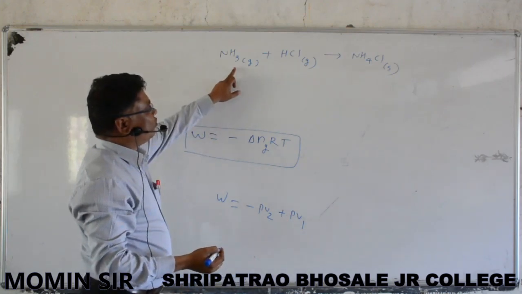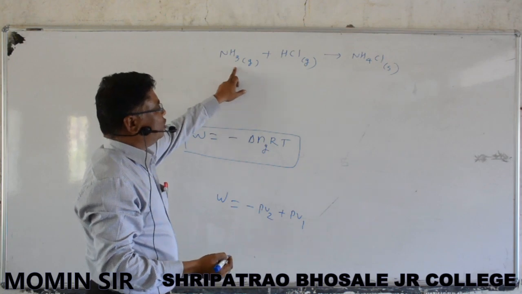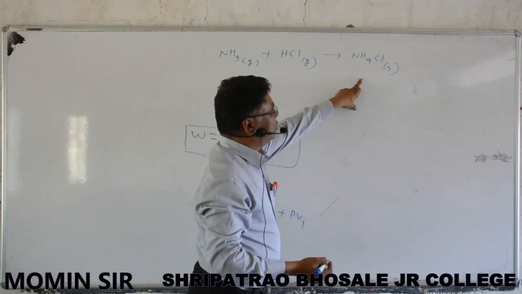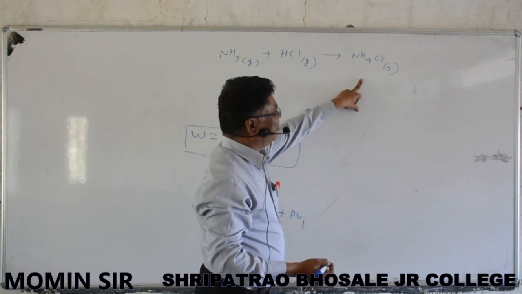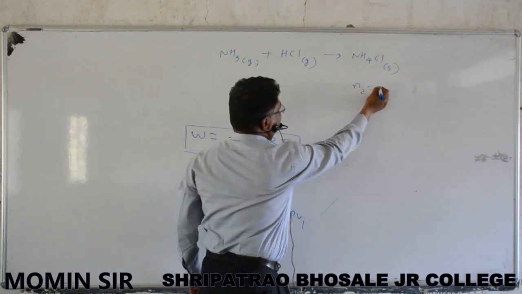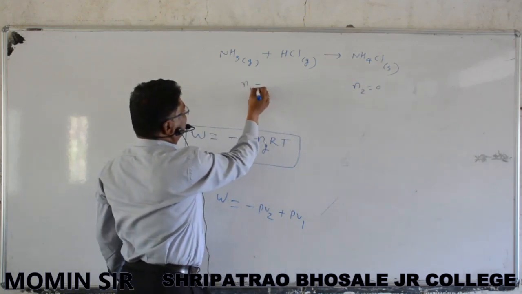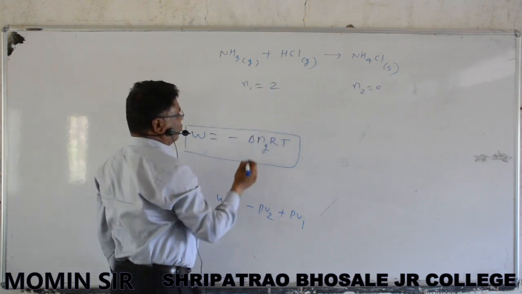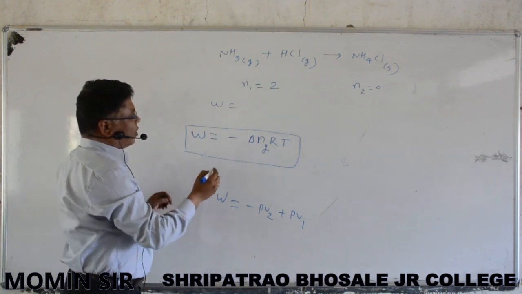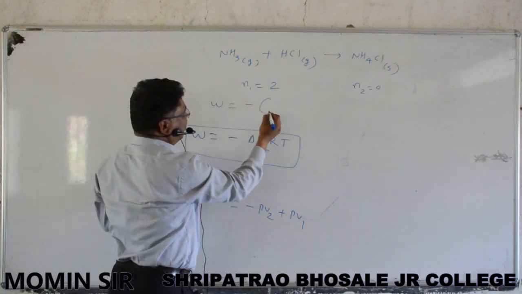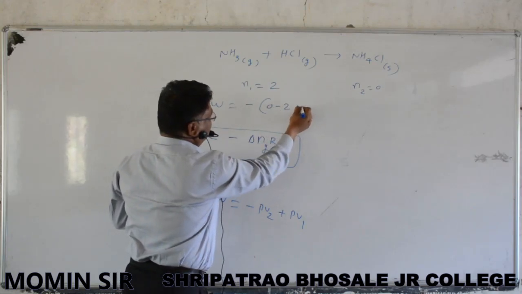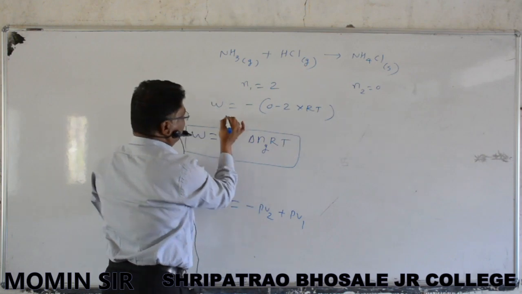Here the number of moles of gaseous reactants, that is 1 mole of ammonia and 1 mole of HCl, gives 0. Here there is no gaseous product, meaning the value of N2 is equal to 0 and the value of N1 is equal to 1 plus 1, that is equal to 2. So W is equal to minus (0 minus 2) into RT.